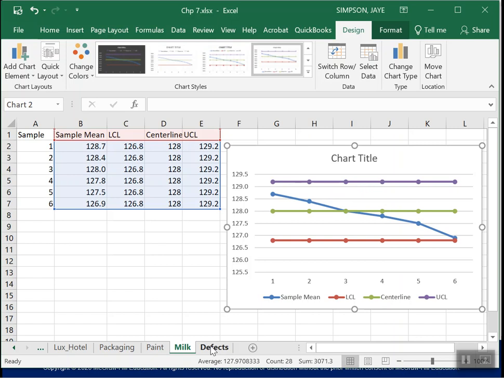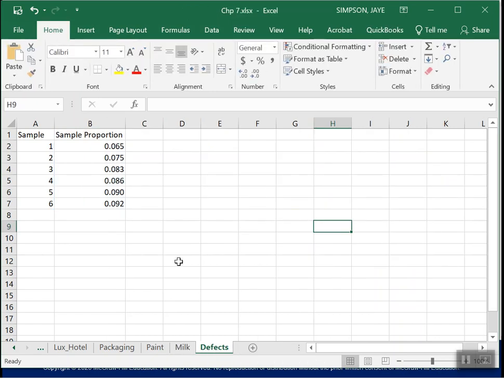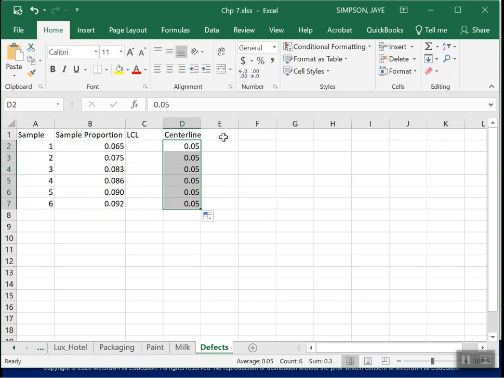All right, so I'm going to jump over to the defects tab, and here again we have our data, our 6 samples and our sample proportions, and we can calculate our lower limit. We know our center line is 0.05, so we can go ahead and fill that in all the way down. And then my upper limit, we're going to go ahead and calculate that too.